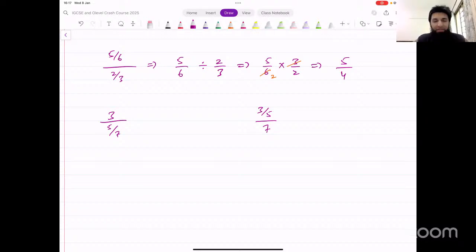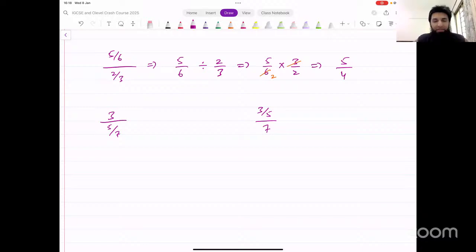Send your messages to the co-host account or just to everyone. What do we get from the first fraction? And what do we get from the second fraction?